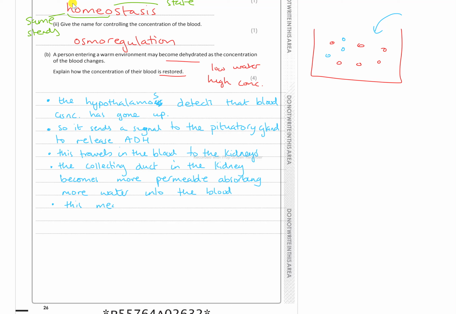This means the blood becomes less concentrated and the urine becomes more concentrated. That will cover the 4 marks.